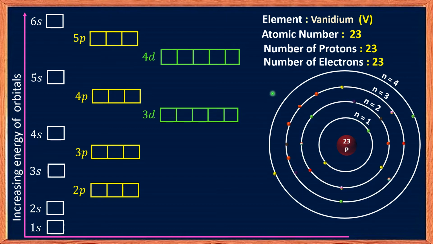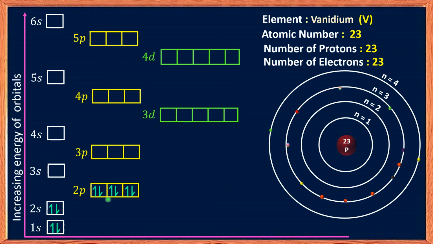Let us fill these electrons into different atomic orbitals. 1s is filled at first, 2, 3, 4, 5, 6, 7, 8, 9th electron, 10th electron.